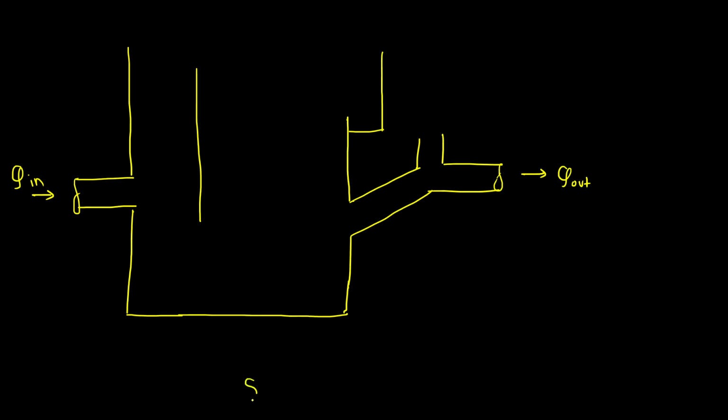So this is our skimming tank. The main purpose is to remove the oil and grease. So when the sewage comes inside, it gets occupied here.